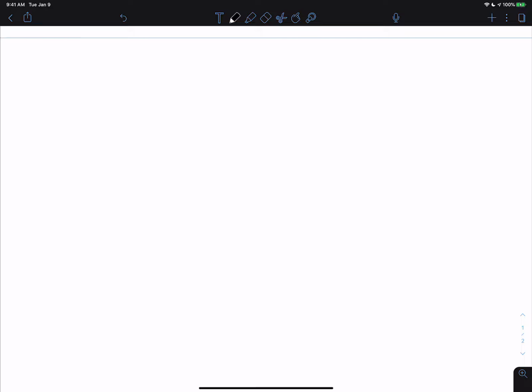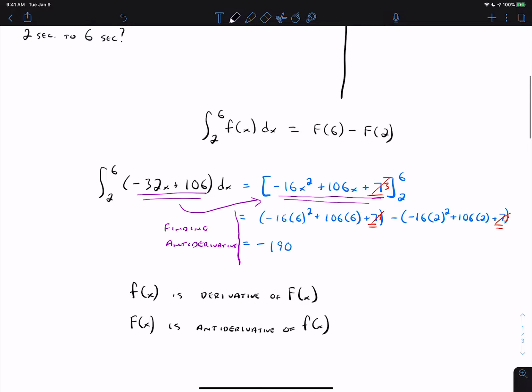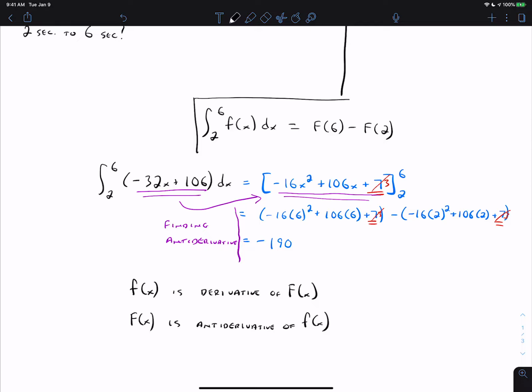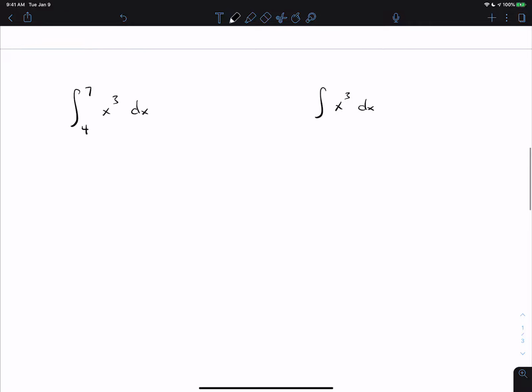And so I want to end with one quick distinction. So if I'm looking for, say, the integral from 4 to 7 of x cubed dx versus this symbol, because of what we talked about up here, because of this relationship, which is a simplified version of the fundamental theorem of calculus, these two symbols are very, very similar to each other. There's nothing before the fundamental theorem of calculus that would indicate they have anything to do with each other.